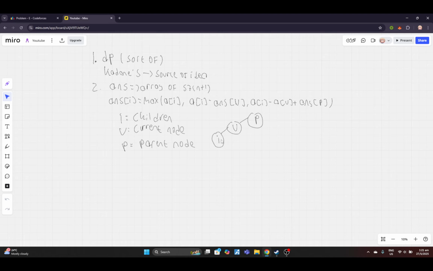Or we can take these two values plus answer of p. The reason for this is that it's not always optimal to choose the answer of u, because maybe we can make this positive.